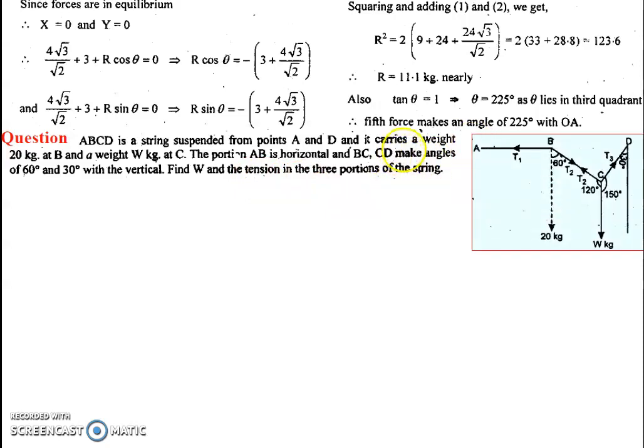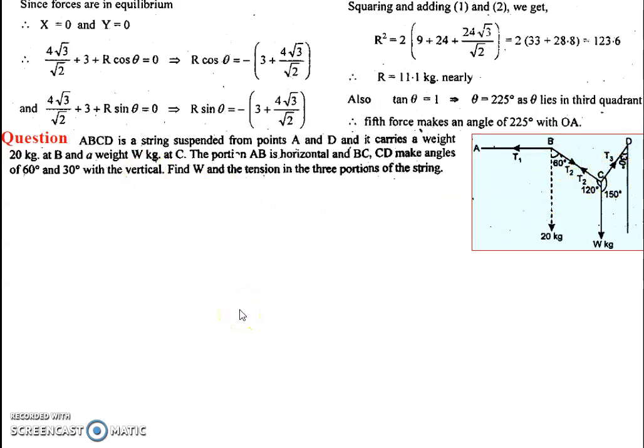So, students, see this: ABCD is a string suspended from the points A and D. It carries a weight of 20 kg at B and a weight W kg at C. The portion AB is horizontal, and BC and CD make angles of 60 degrees and 30 degrees with the vertical.